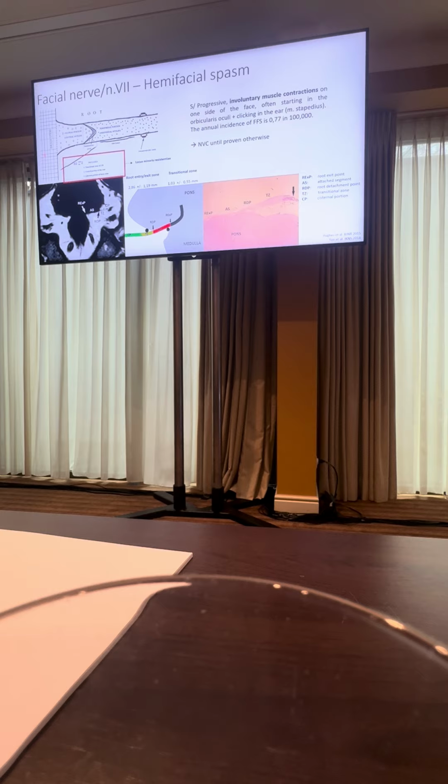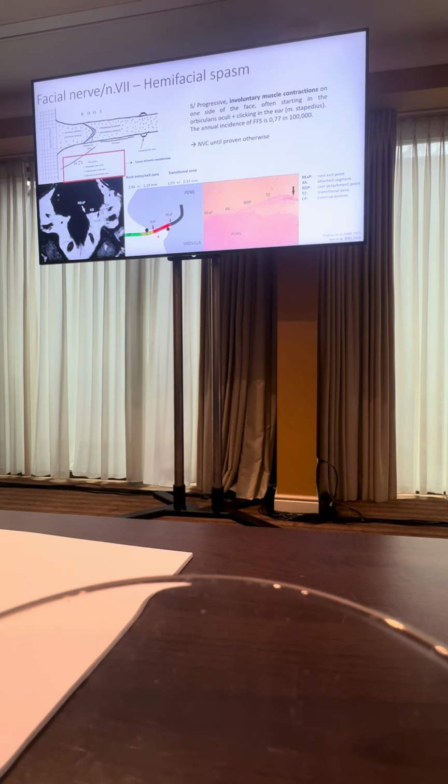So where does the compression happen? It's mostly in what we call the root entry or root exit zone, depending on the function of the nerve. It's the central segment, the central portion of the myelin, and the transitional zone, where the central portion of the myelin extends to the peripheral portion, and it's believed that the central myelin is weaker, so more susceptible to compression.